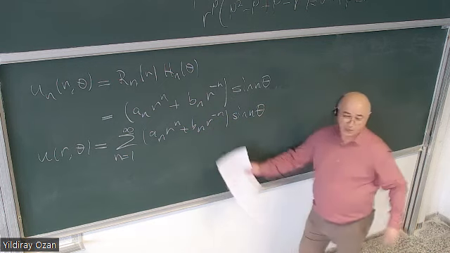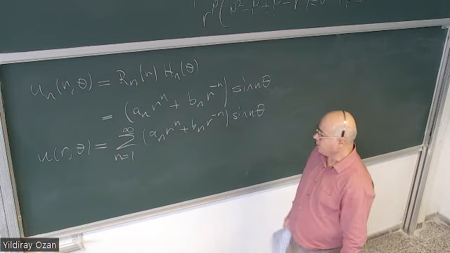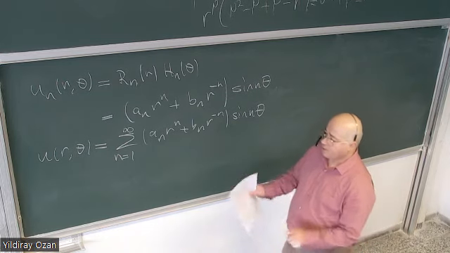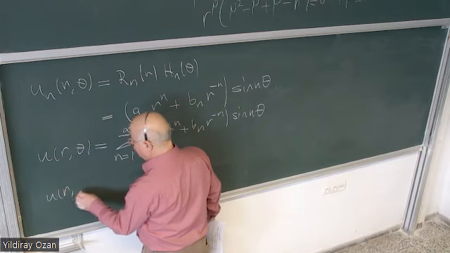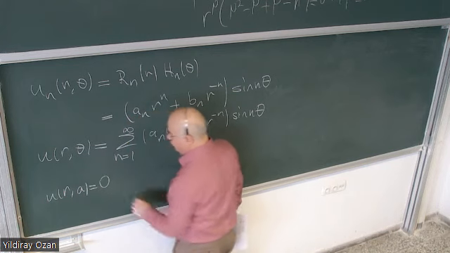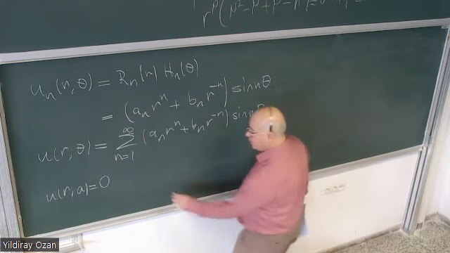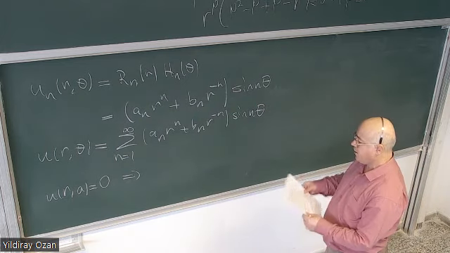Therefore, I keep this bn. All right, now let's use these conditions. Ur at a equals 0, right? Well, so I plug in r equals a.